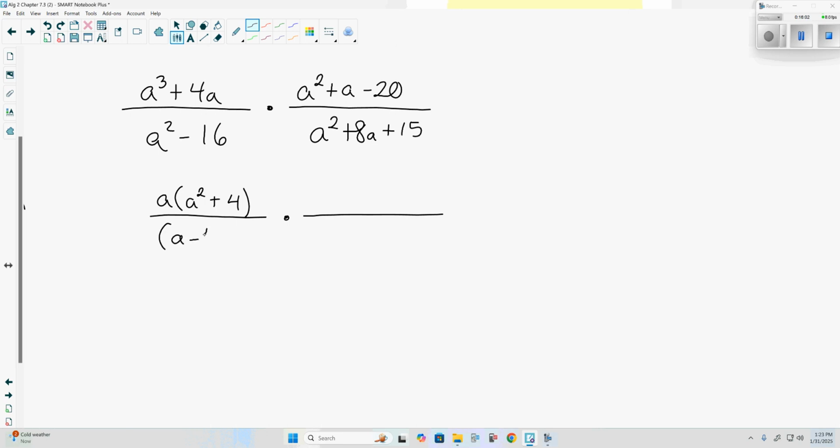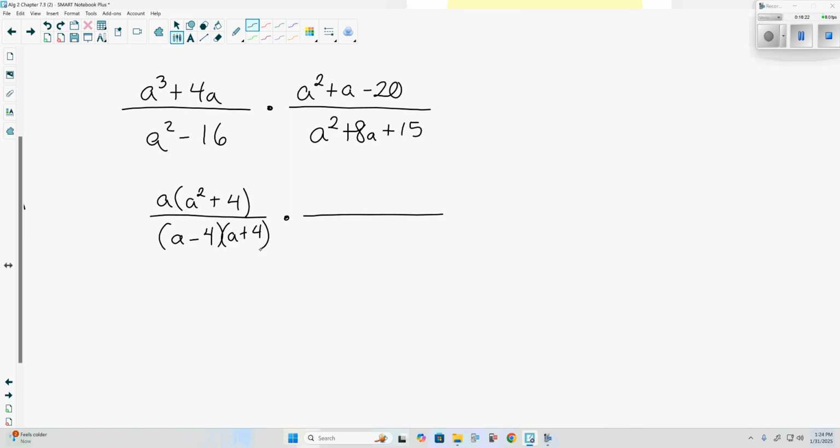Our a squared minus 16 is a plus 4 and a minus 4. The order in which we write those doesn't matter, because multiplying two things in any order is fine. Back to the top or the bottom?